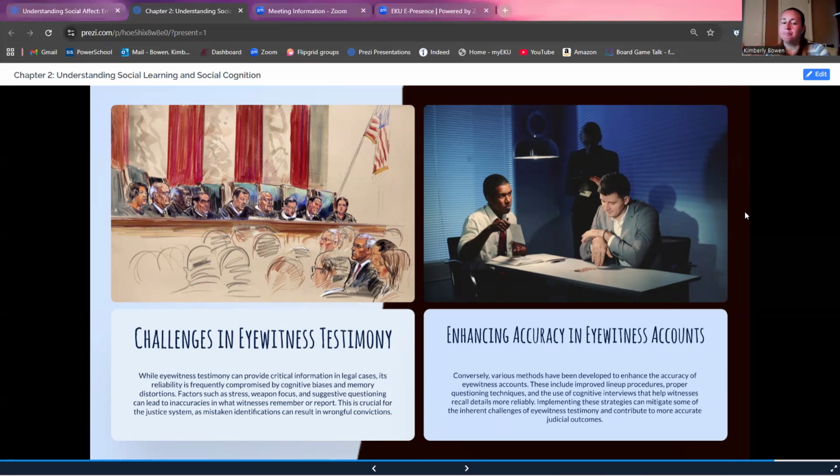So we may see, for example, guy in hat. Okay. Our brain, because maybe we've seen a whole bunch of black hats lately, might automatically make that hat on his head black, but it may have been blue, right? Because our brain is trying to form that schema as quickly as possible. And that leaves a whole lot of room for error. And so we're learning that eyewitness testimony is actually fairly inaccurate a lot of the time.